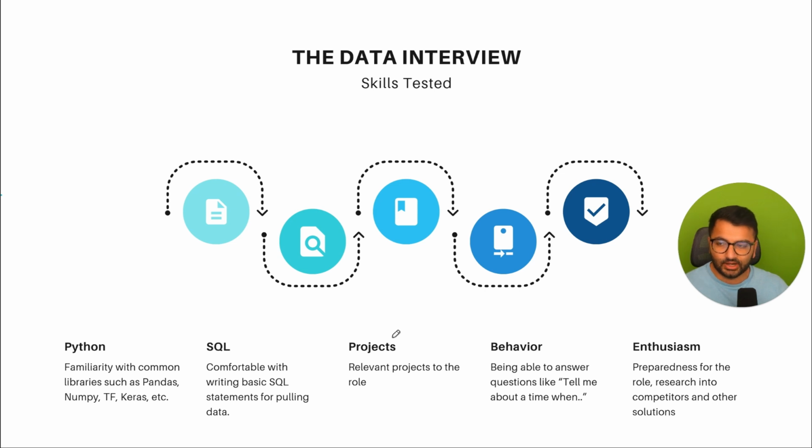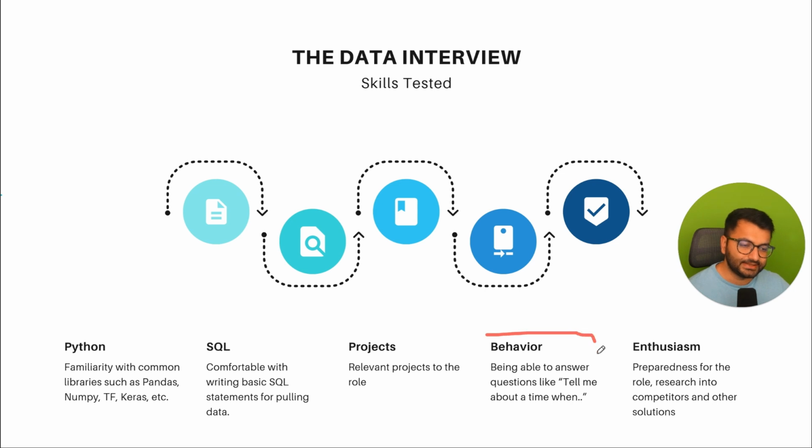Versus if you had a lot of projects in natural language processing, in journalism, and then you're applying to a completely different field, maybe in healthcare or something, then that experience might not really translate too well. So projects relevant to whatever the role is are always going to be a plus.